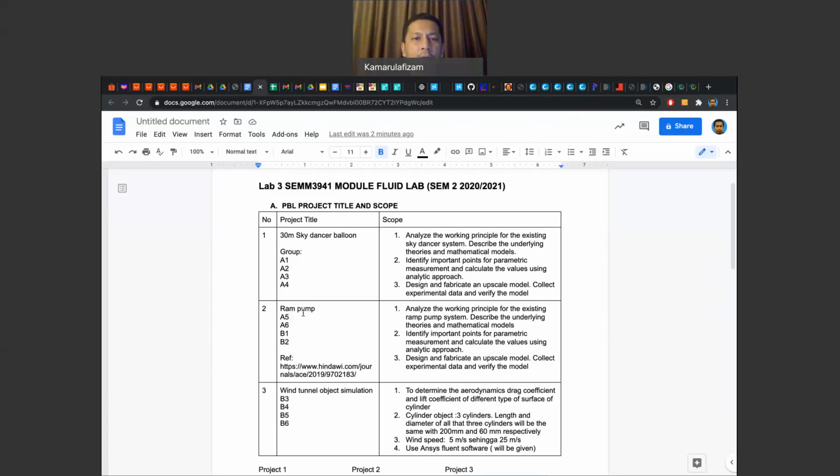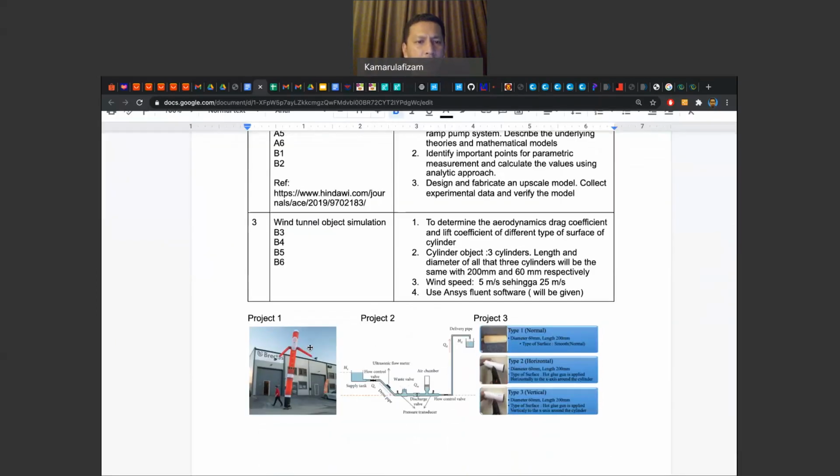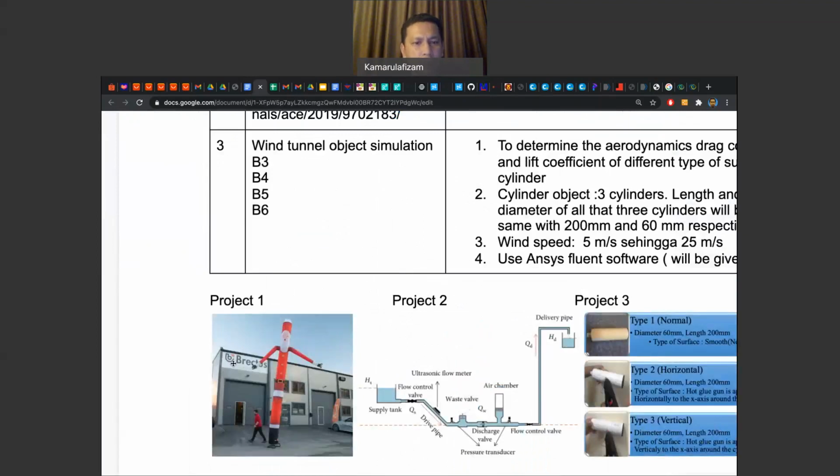All right. So basically, for the first one, the title is 30-meter sky dancer balloon. You can see down here, a sky dancer balloon is something like this.